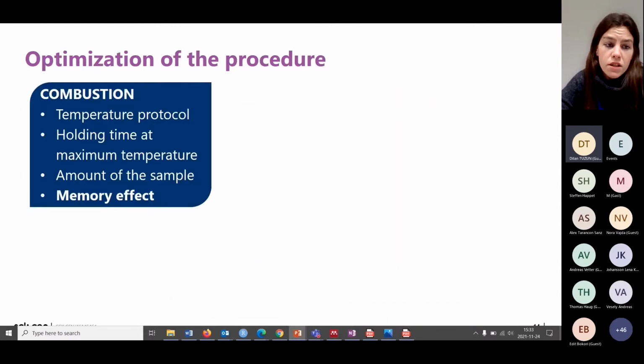For the optimization of the procedure, the different steps were investigated, evaluating different types of parameters. For the combustion step, we tested the temperature protocol, the holding time at 900 degrees, the amount of sample, and also the possible memory effect of the target radionuclides.